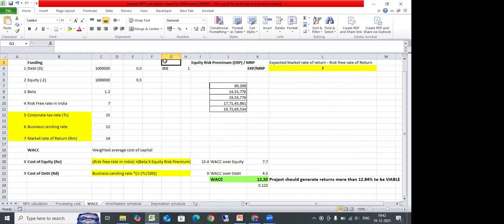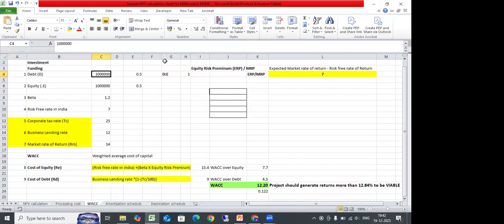What is WACC here? See, forget about this. These are the cash flows. We have taken debt funding of 10 lakhs. We have taken equity funding of 10 lakhs. Beta we have taken as 1.2. Risk-free rate in India is 7.